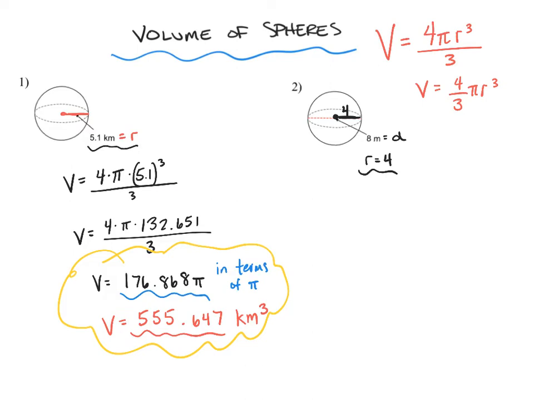Alrighty, so back to number 2. We started with the diameter and we cut it in half to get the radius. And I know that the volume is equal to 4 times pi times that radius cubed, all divided by 3. So my volume is equal to 4 cubed, 4 times 4 times 4.